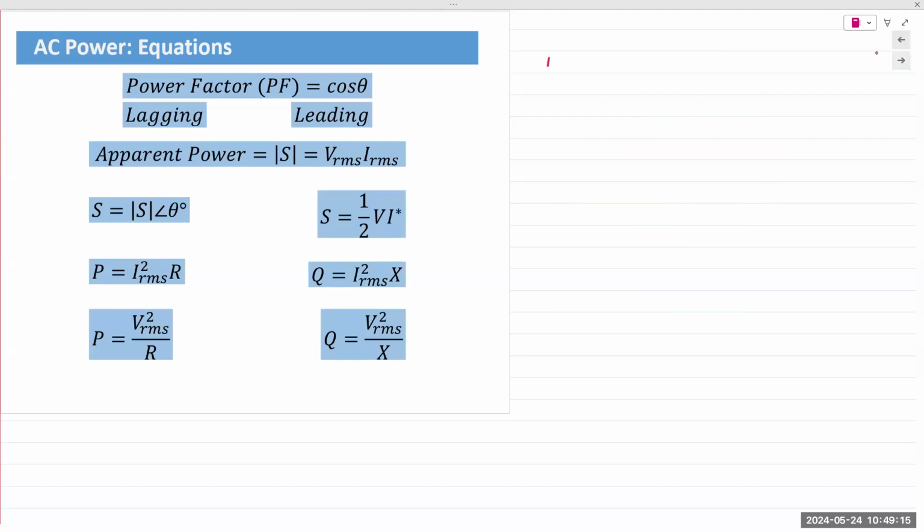The ideal angle is of course 0 degrees, so cosine of theta would be cosine of 0, which would be 1. That is the highest possible value of the power factor.